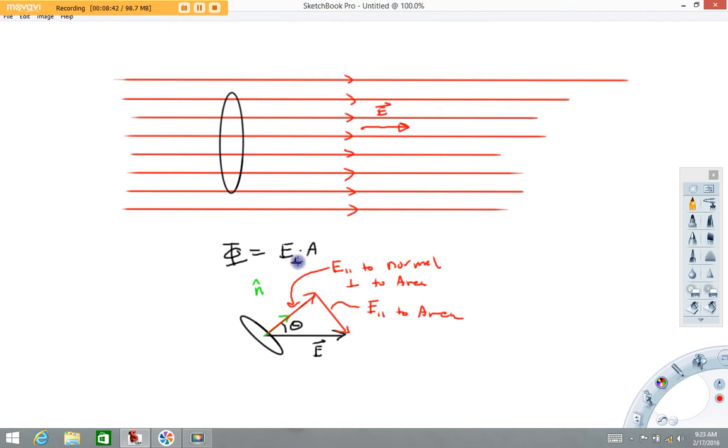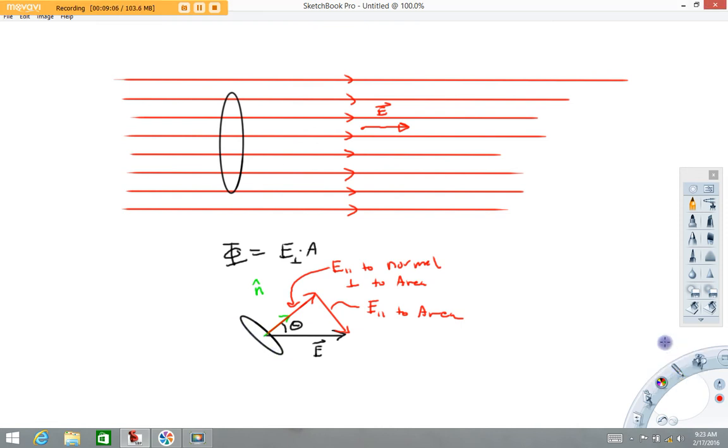That's what I was referring to here when I wrote that electric flux is E perpendicular times A. That perpendicular meant perpendicular to the area. So that would be parallel to the normal. So when we calculate the electric flux, we need the component of the electric field in the direction of the normal, and then we multiply by the cross-sectional area.